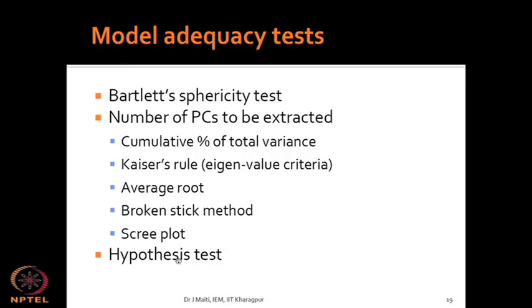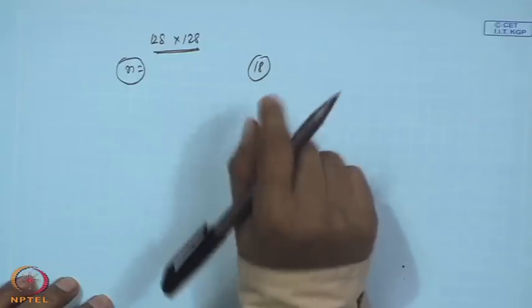What is this? Suppose there are p x variables and you are extracting m PCs, where m is much less than p. For example, I am taking 20 variables and finally converting into a two-dimensional issue using PCA. That means you are excluding 18 dimensions. If your data is very highly correlated, then only this is possible.